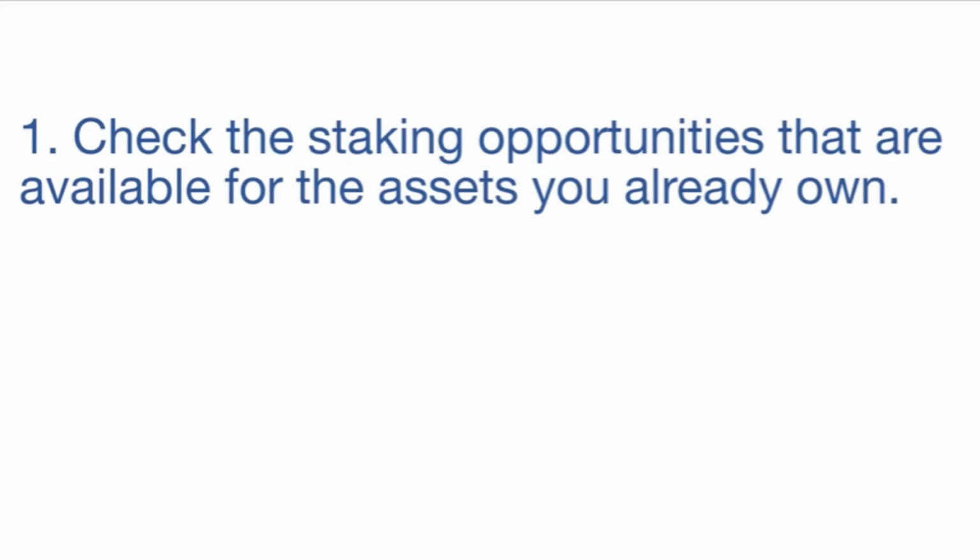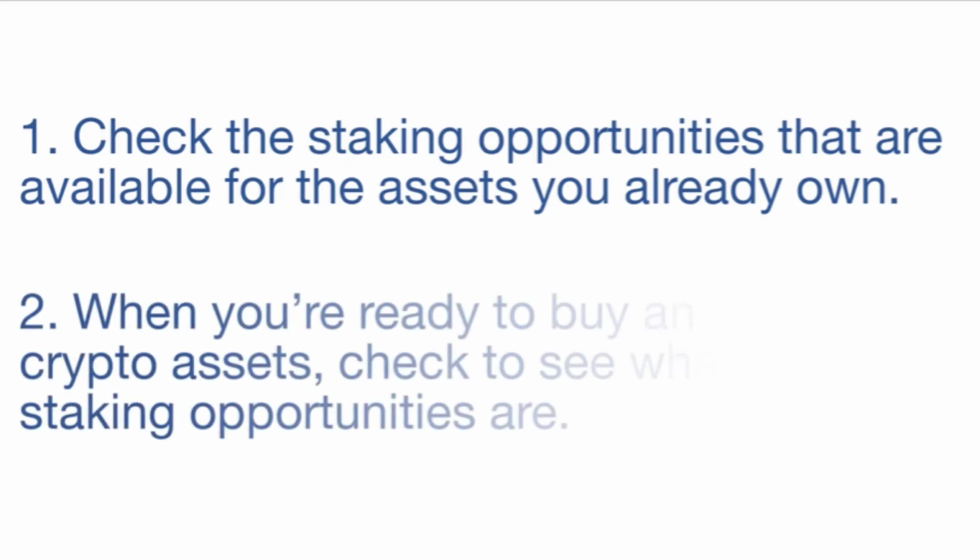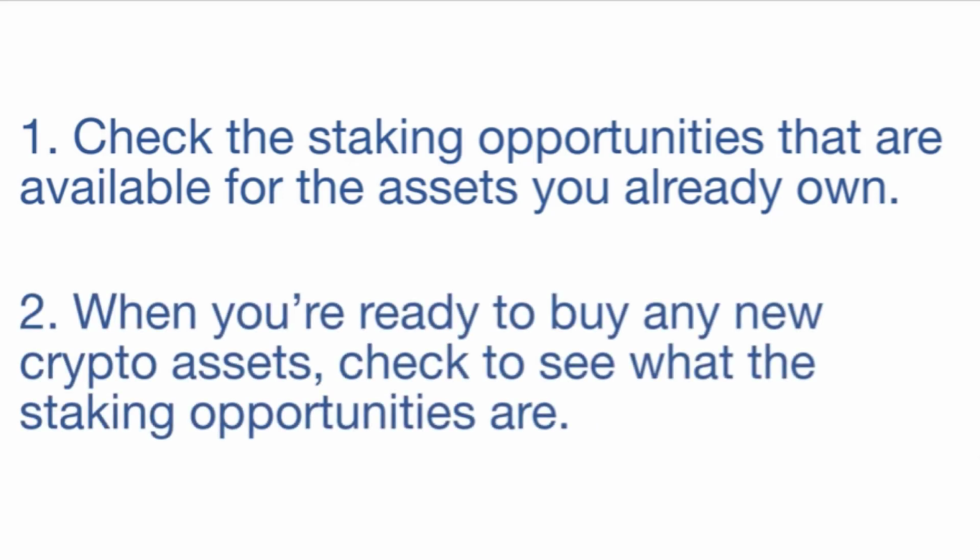So here's what I recommend. First, check the staking options that are available for the assets you already own. That's the most straightforward approach because it gives you extra income without any extra effort. Second, when you're ready to buy a new crypto asset, check to see what the staking opportunities are.